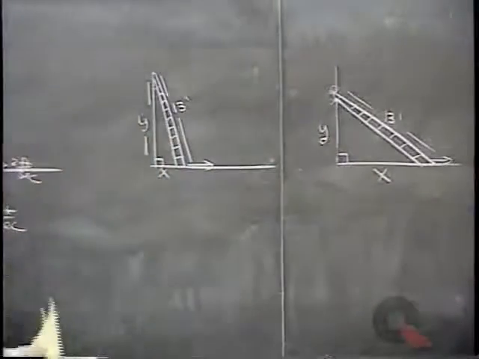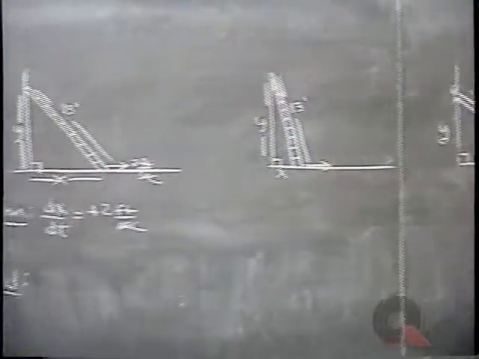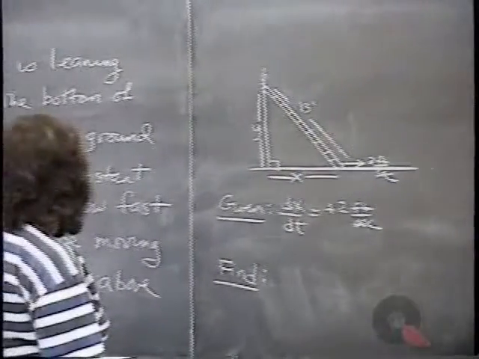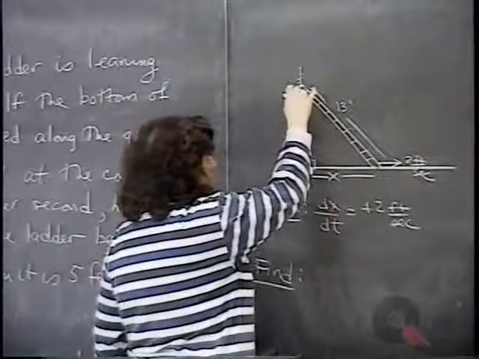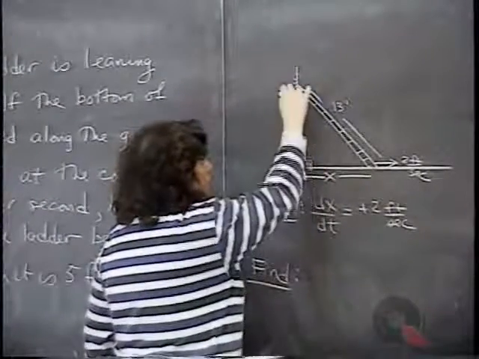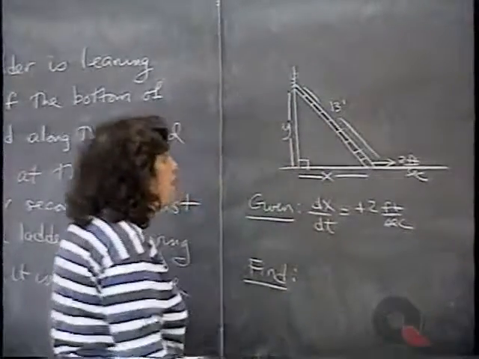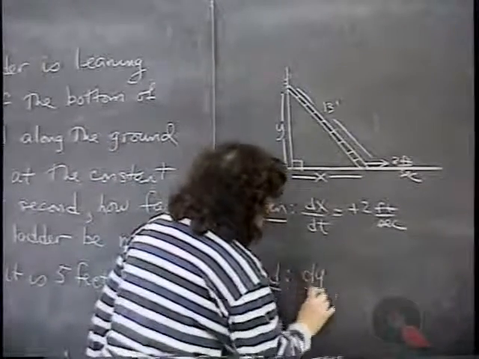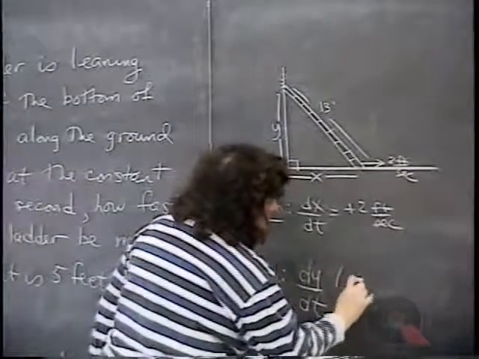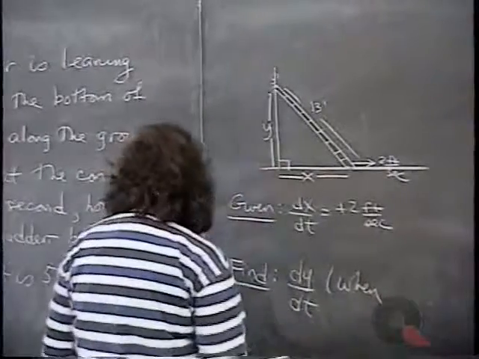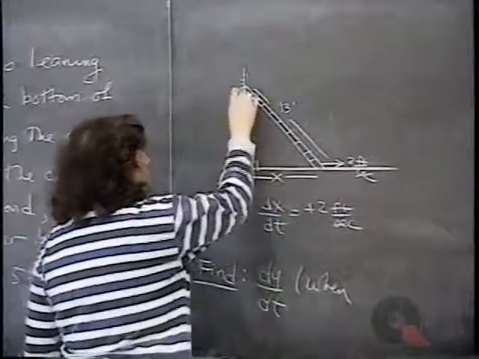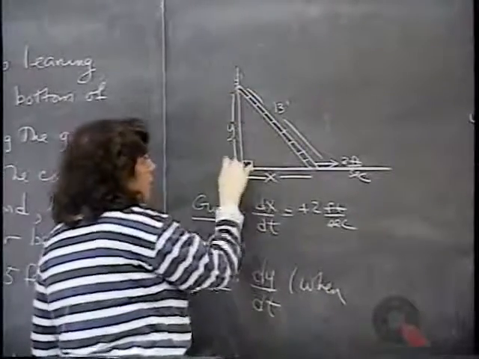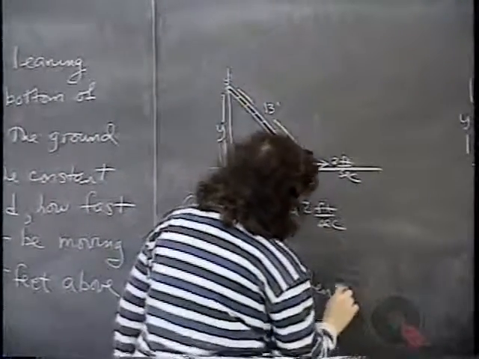We're looking to find how fast the top of the ladder will be moving down the wall. y represents the distance between the top of the ladder and the ground, so we want to find the rate of change of y with respect to t. We want to find dy/dt at the moment when the top of the ladder is 5 feet above the ground, at the moment when y is 5 feet.